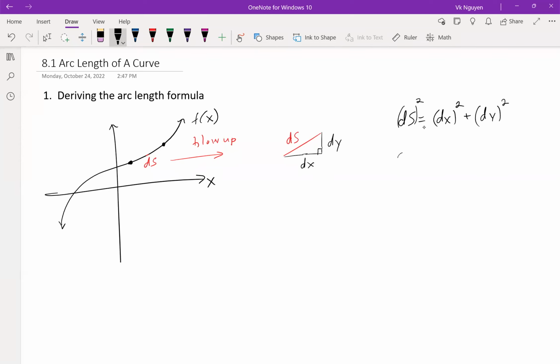And so ds would be the square root of dx squared plus dy squared.